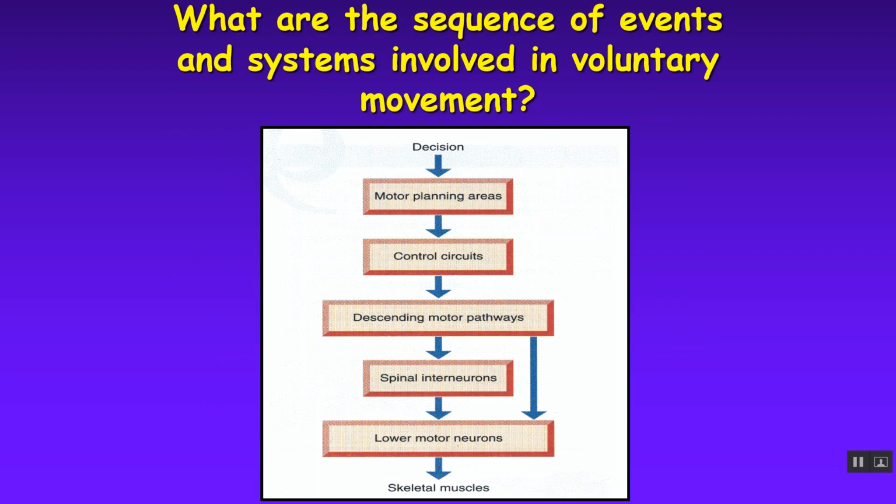So what is the sequence of events involved when you want to do voluntary movement? This is not reflexive movement. In most movements, there's a blend of reflexive and voluntary overlap or interplay going on. This is pure voluntary. So first of all, you make a decision to move. This is one of the great mysteries of the mind.